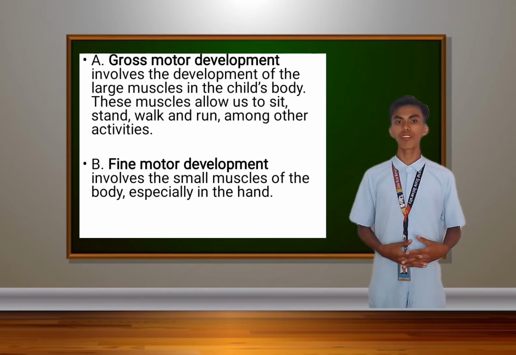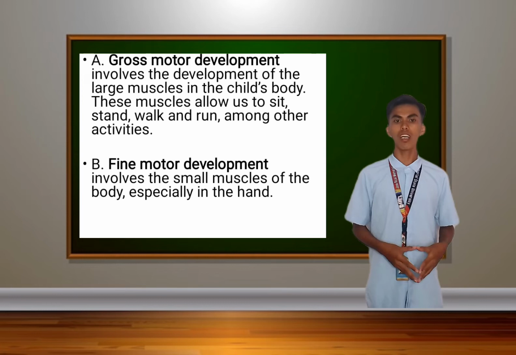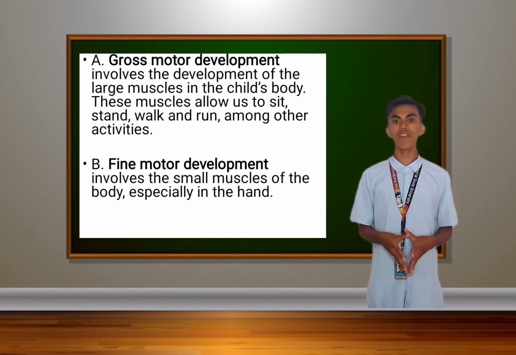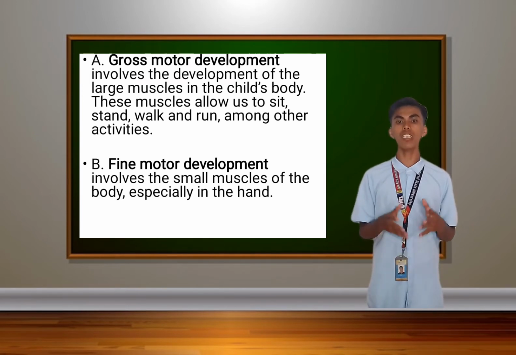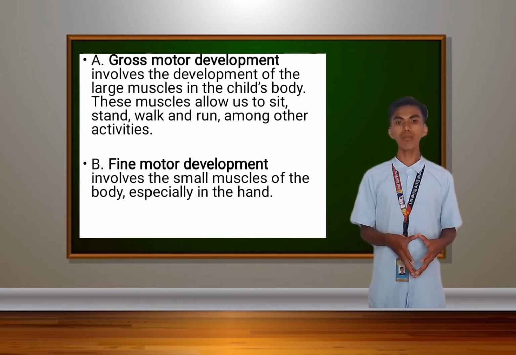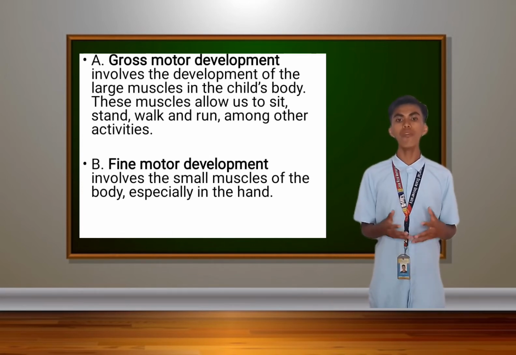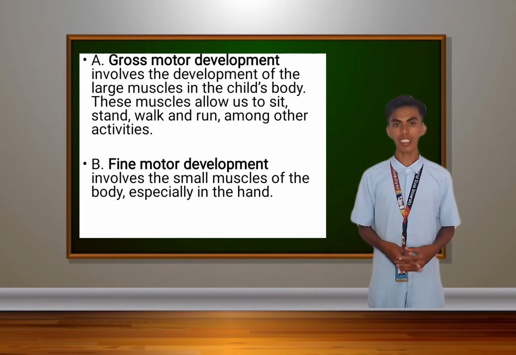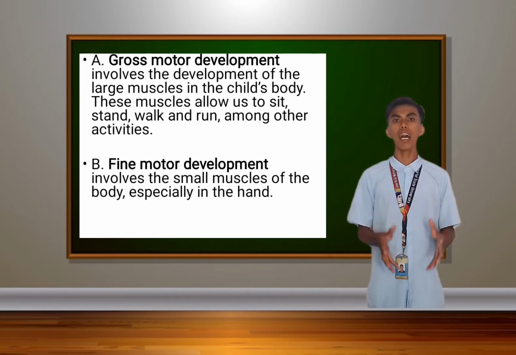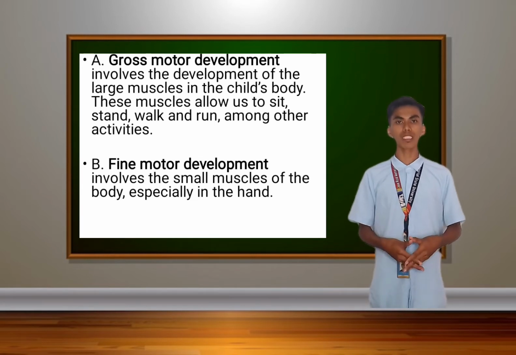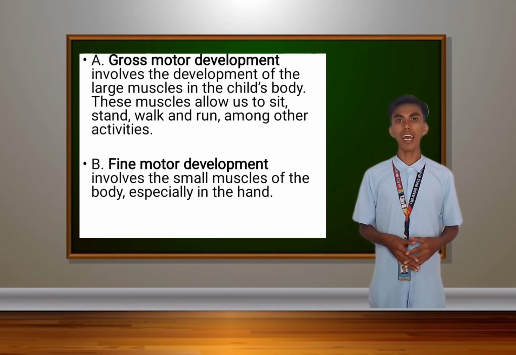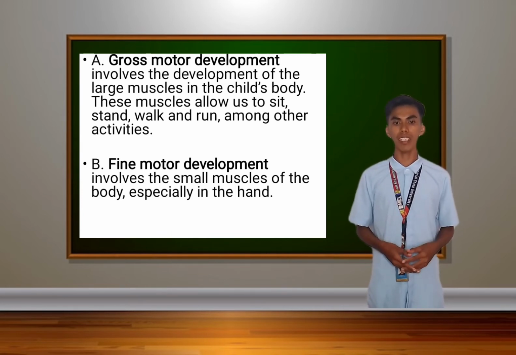Next, what is gross motor skill? Gross motor skill involves the development of the large muscles in the child's body. These muscles allow us to sit, stand, walk, and run, among other activities. So gross motor skills help a person or a child develop his bigger muscles, including legs, feet, trunk, and any part of the body.